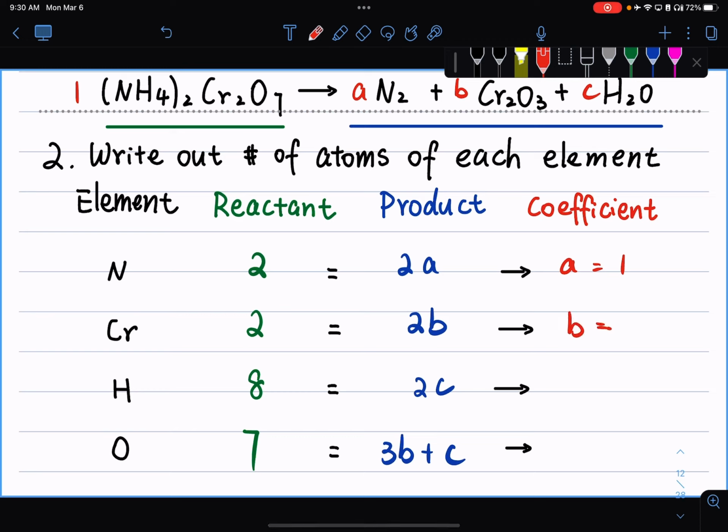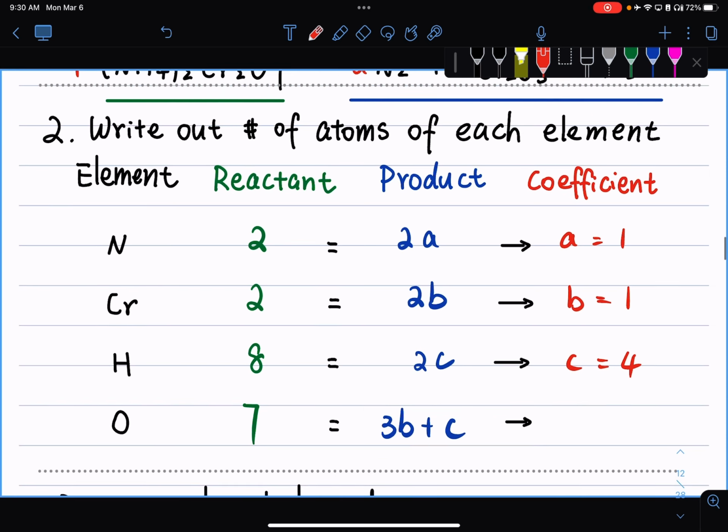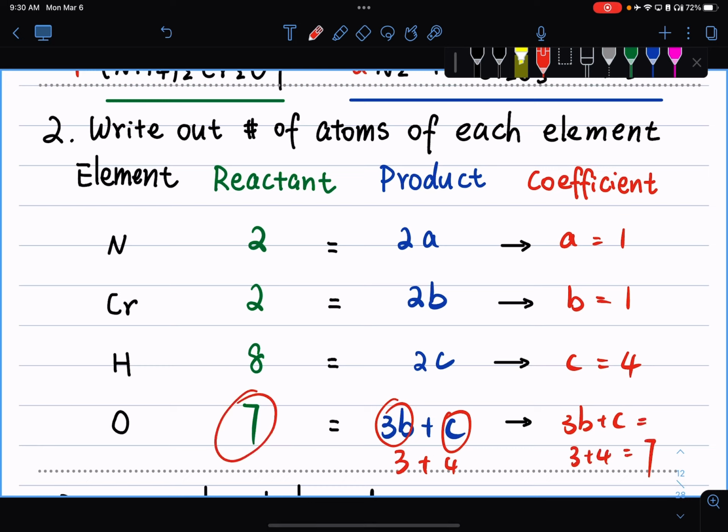Second one, B equals 1, C equals 4. Then we can use our last equation as a sanity check and see if we have that correct. Here, 3B plus C equals 3 plus 4, which equals 7. That's equal to 7, so we're happy here.